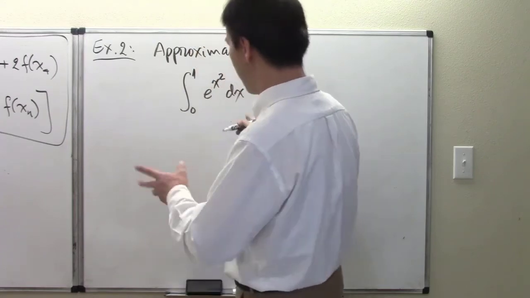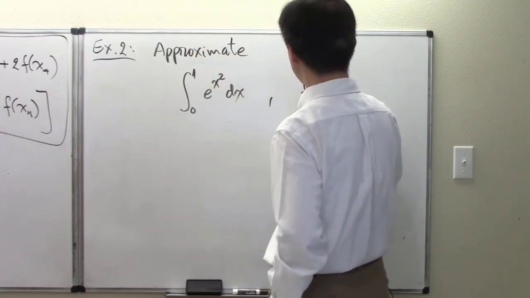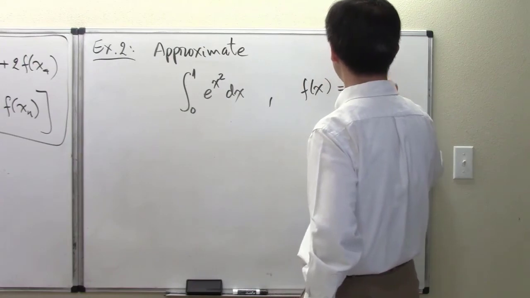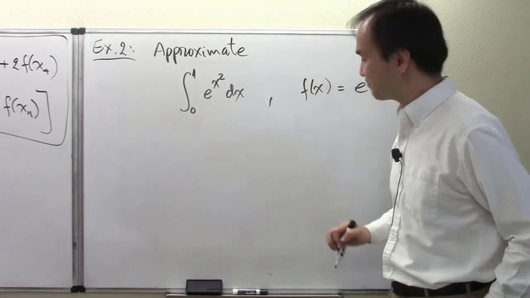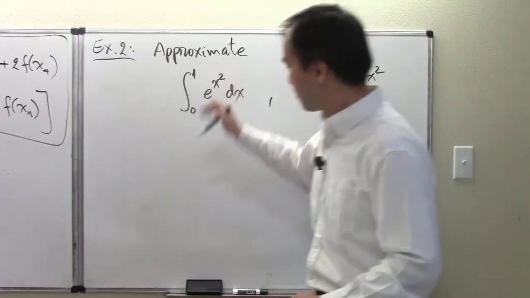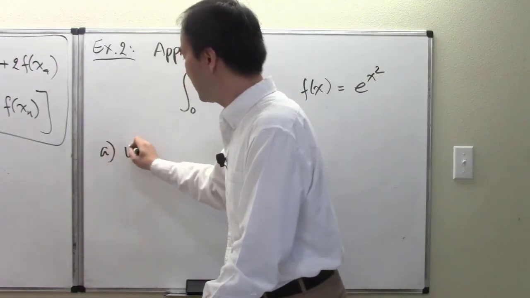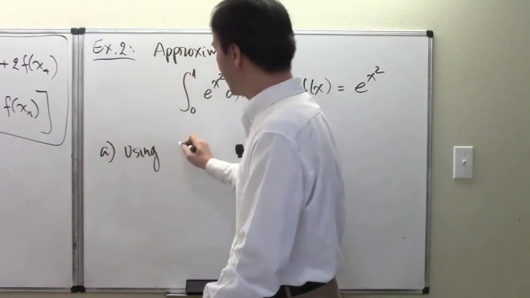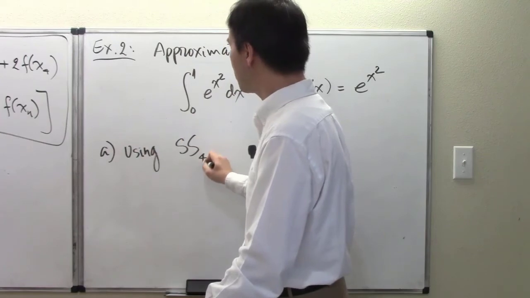As I said, same exact function. So that means our function f of x is e to the x squared. But I want to approximate that in part A. How about using Simpson's rule with 4 subintervals?